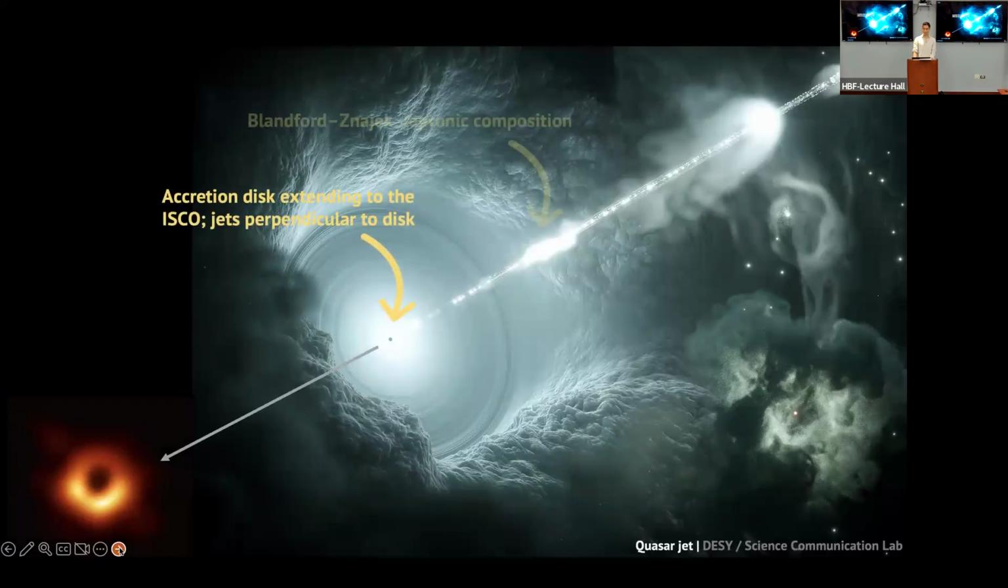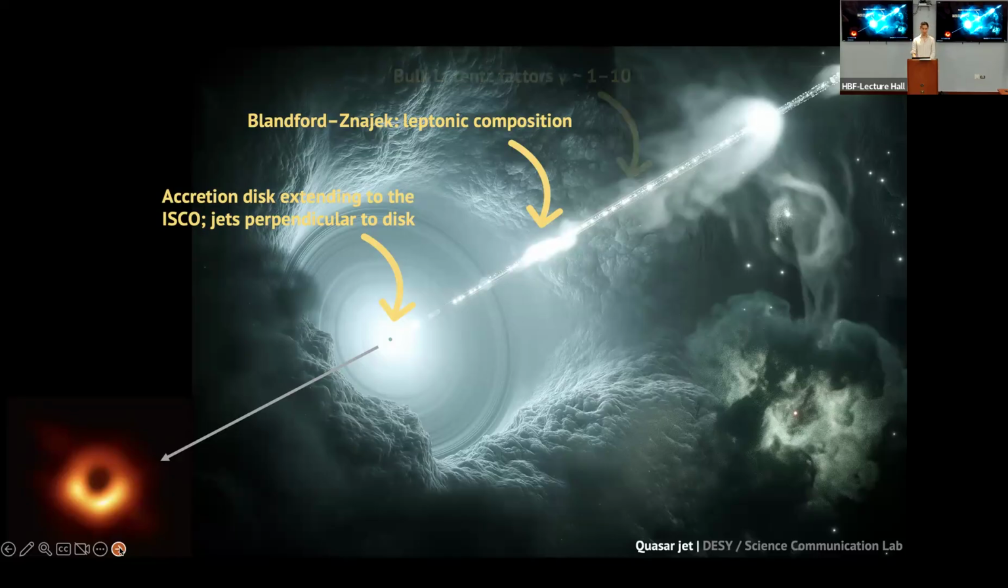This is showing a quasar. What we think, especially for the very large jets that I was showing you today, is that they have a leptonic composition. So they consist of electrons and positrons, and they might carry some protons and atomic nuclei that they collect on their way out of the galaxy.